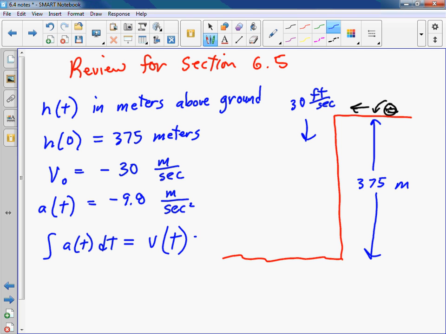In this case, maybe I better go down here. I think I'm going to run out of room. That is the antiderivative, I guess, really, because I don't have limits of integration. So the antiderivative of a of t is negative 9.8 t to the 0 dt.